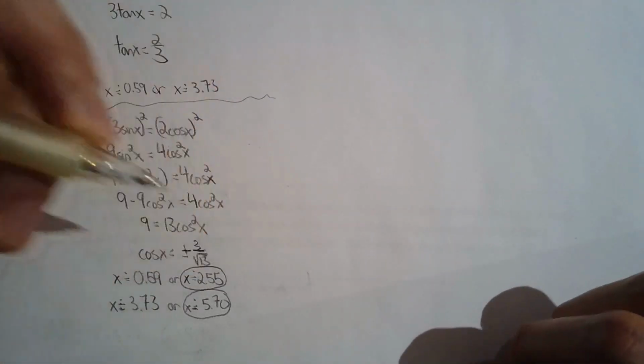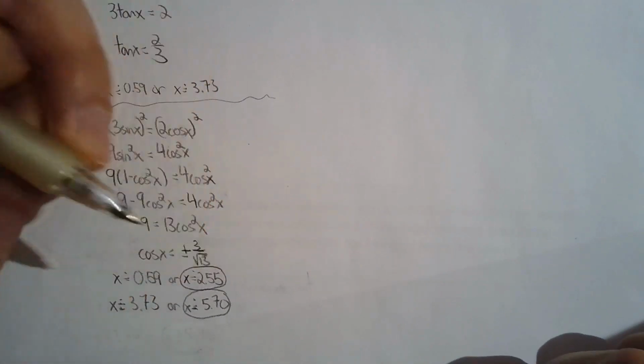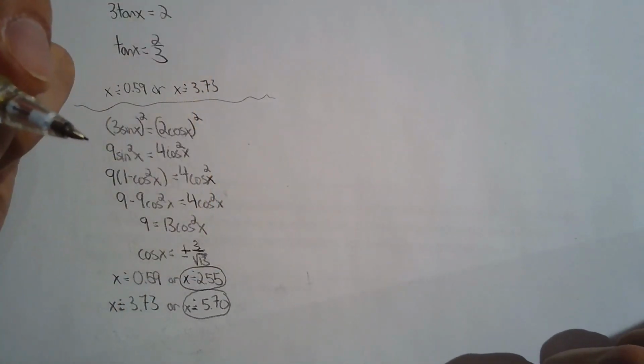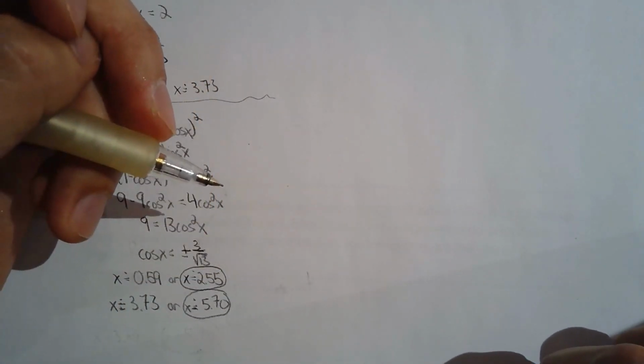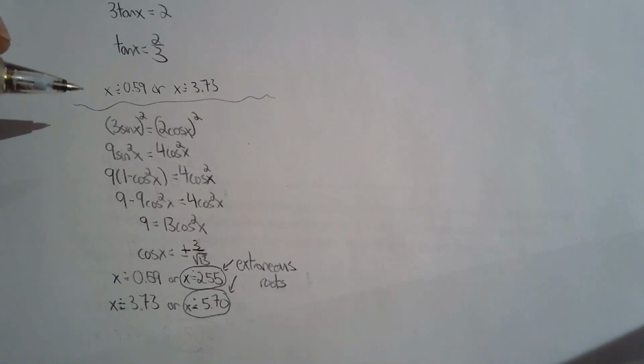So in the process of solving the equation, we created roots for ourselves. But really, they're fake. They don't solve your equation. What we call these are extraneous roots. Those 2 answers are no good. We cannot accept them because they don't solve our equation.